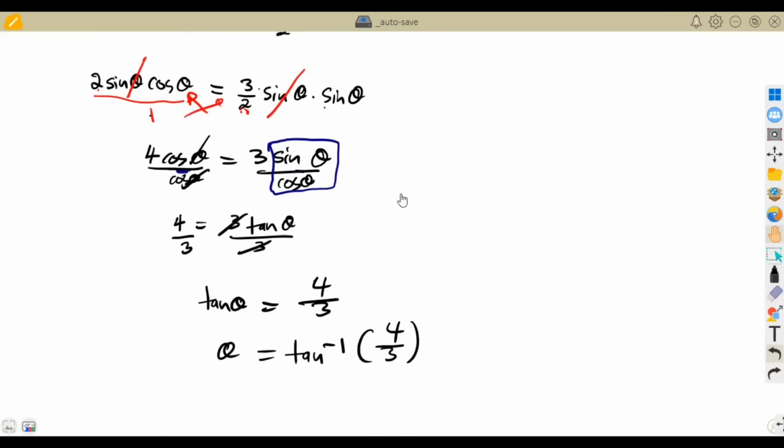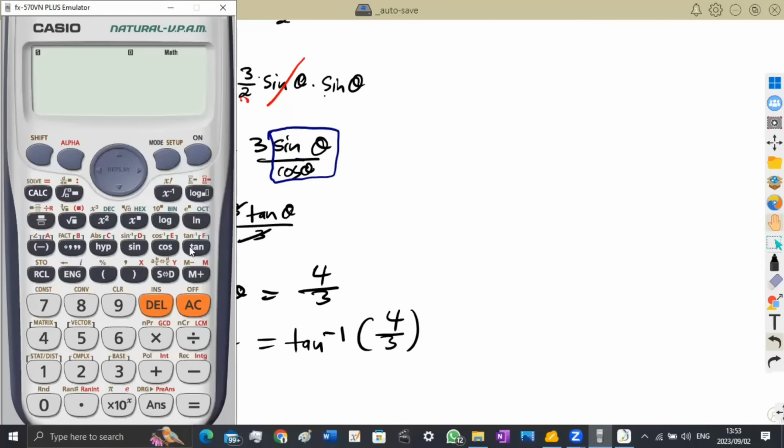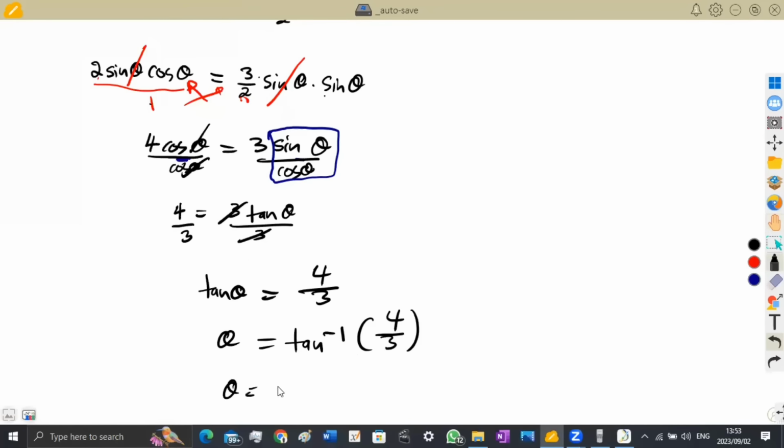We are going to have shift tan, tan to the power of -1, 4/3, which is going to give us 53.130 and so on. So we are going to have our theta as 53.13 degrees.